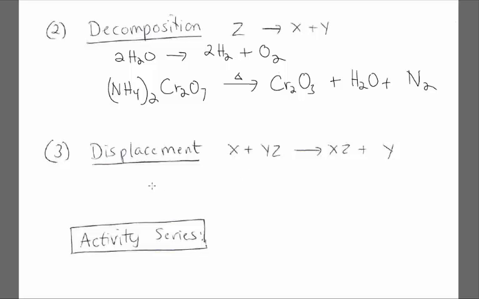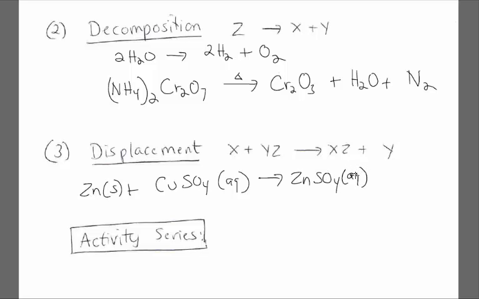Alright, so an example of that would be zinc plus copper sulfate. The zinc comes along and it bonds with the sulfate, or it becomes oxidized, and the copper becomes reduced from its 2+ state and becomes just copper metal, and this is something we see in a copper to copper lab where we have copper sulfate, which is a blue solution.